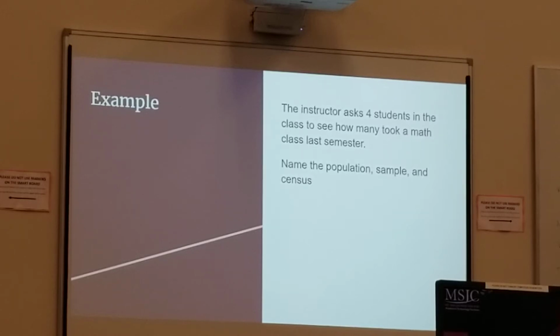And then the census would be all the tutors. It's a collection of data, so whatever the data is. The data could be whether or not all the tutors at MSJC want to do the training. And then the sample would be all the tutors who do the training.